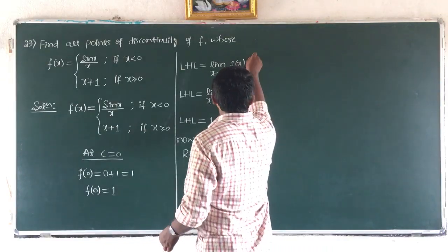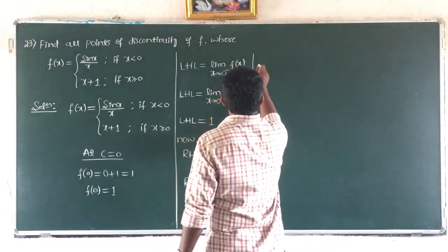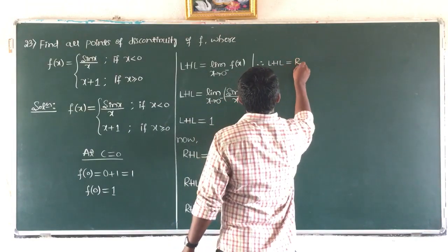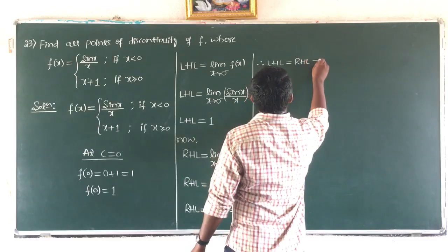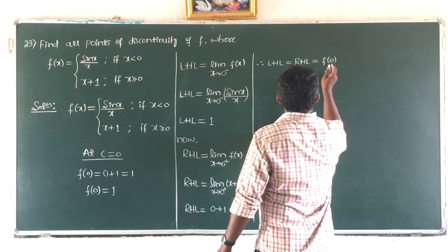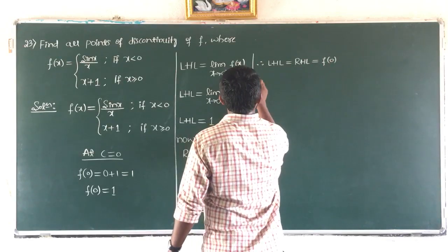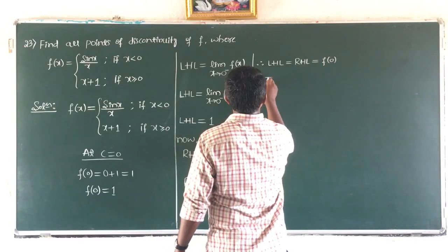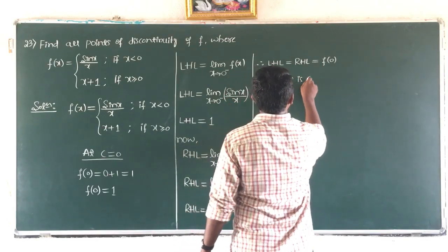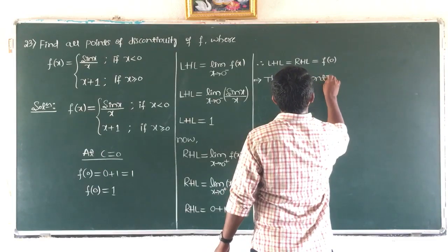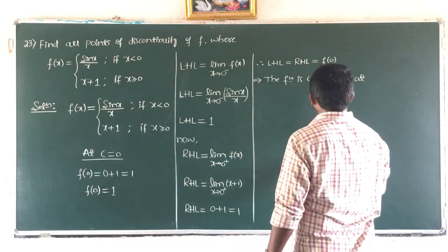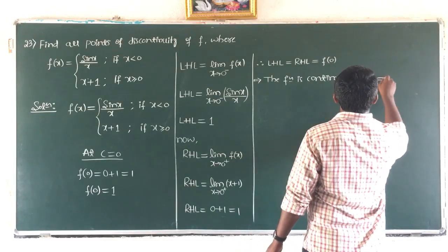So here, therefore LHL which is equal to RHL which is equal to f of 0, this implies the function is continuous at x equal to 0.